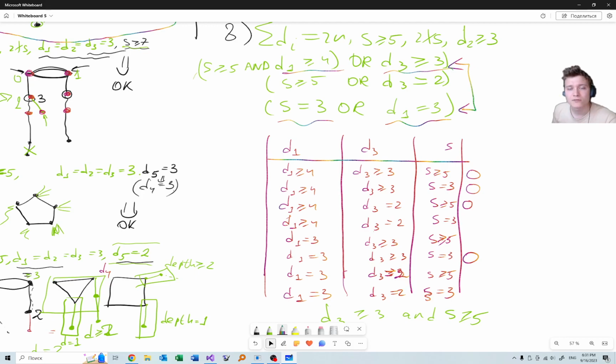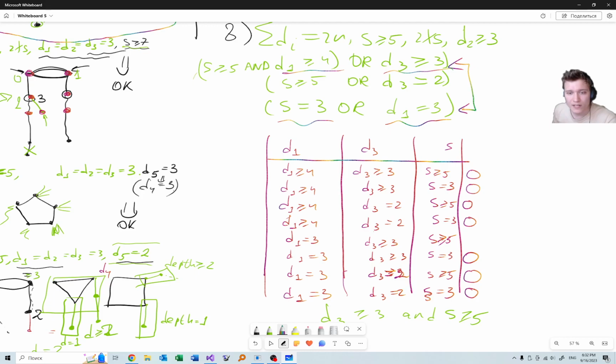Next thing we need to do is to put when d3 is 2 and either s is small, or d1 is small.